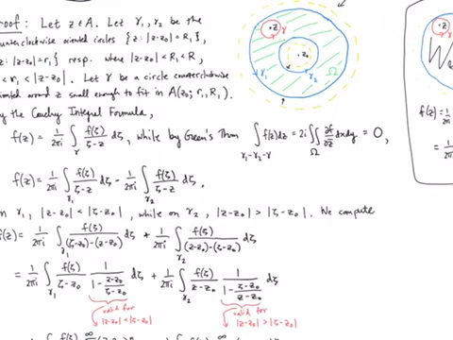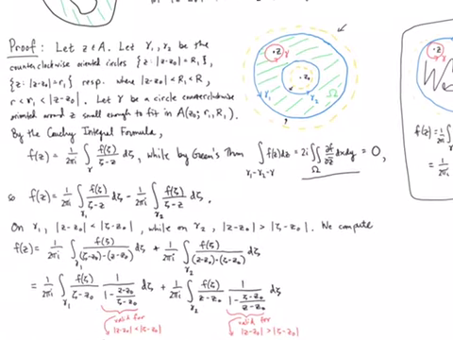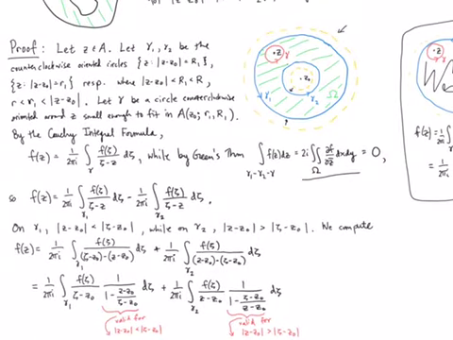So the boundary of omega, taking the correct orientations into account: gamma 1 is oriented correctly, but gamma and gamma 2 are supposed to be clockwise because they're on the inside of that gamma 1. So we have to put negative signs there.